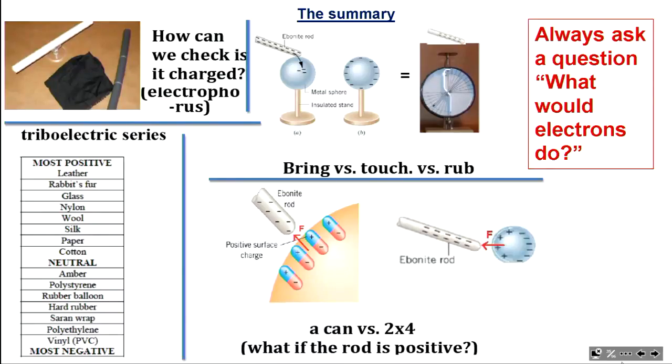So if you use wool and PVC, the PVC will be negatively charged and the wool will be positively charged. So we just have to follow this chart. Of course, in physics we have other means, but they're more complicated.